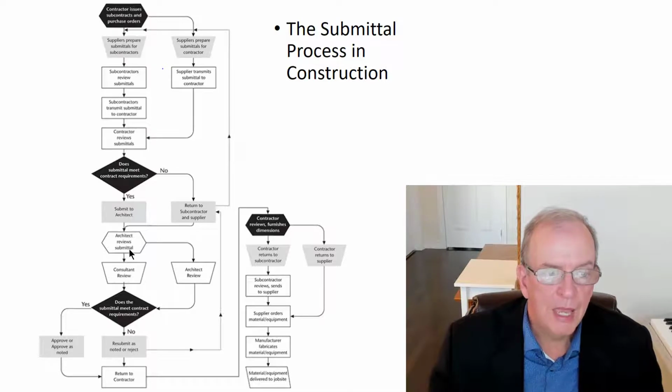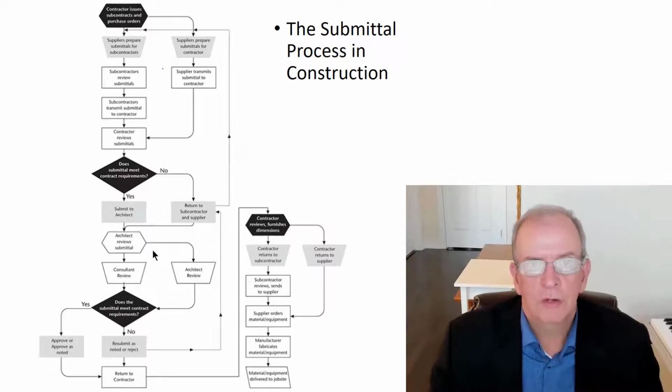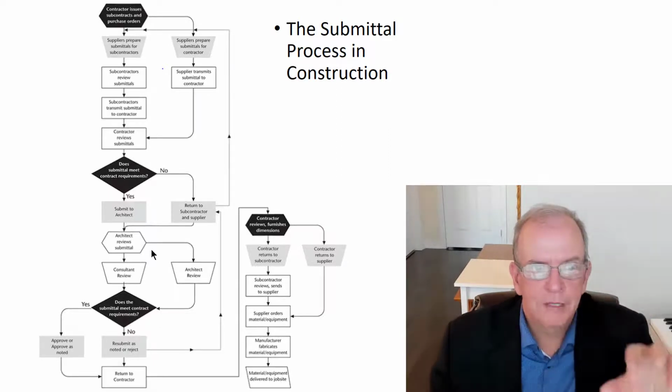All right. Maybe they also have to submit it to the structural engineer. So they may also do that. Maybe it's just them that has to review it. Does the submittal meet the contract requirements? Hopefully it does, because then that goes through very quickly. Otherwise, you go way back up the list and it goes back to the beginning and it becomes this sort of nightmare of steps.